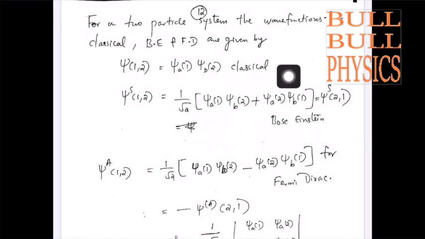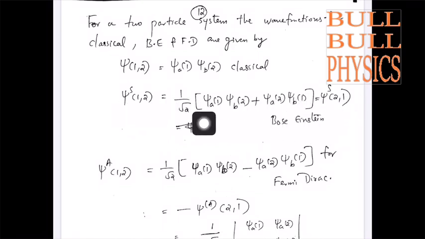This wave function is symmetric, because if you interchange the particles, psi(2,1), here you will have 2 and here 1, here 1 and here 2, and that is the same as psi(1,2). So this is a symmetric wave function.